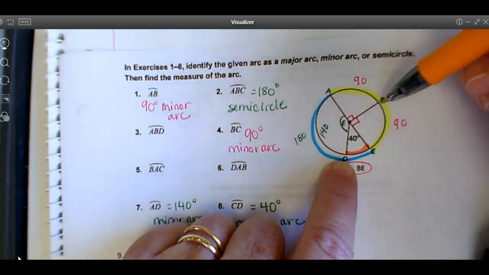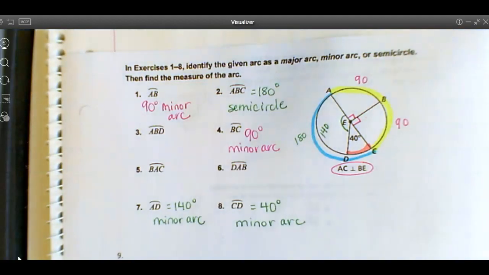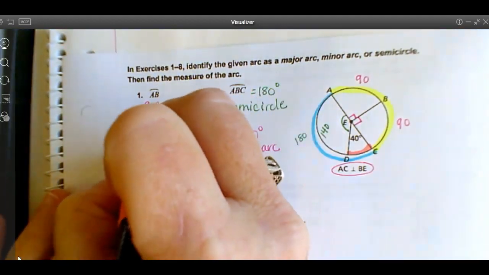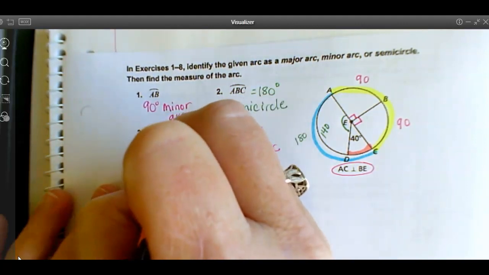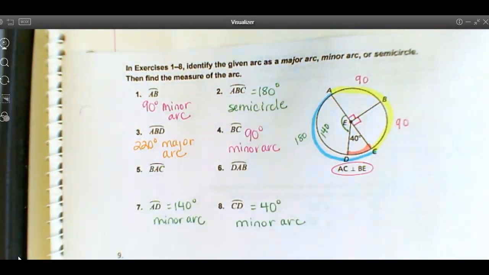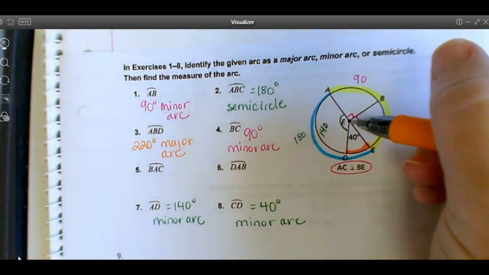You just add that, 90 plus 90 plus 40. I think that's 220, and that makes that a major arc. So when you're figuring out the measures of the arcs, you're also looking at the measures of the angles, as long as they're coming from the center, which these are.